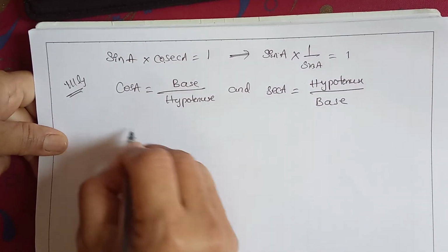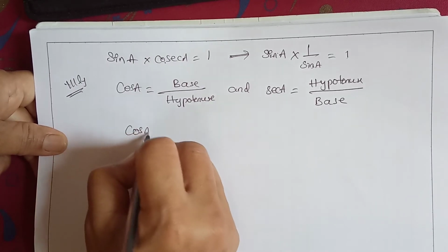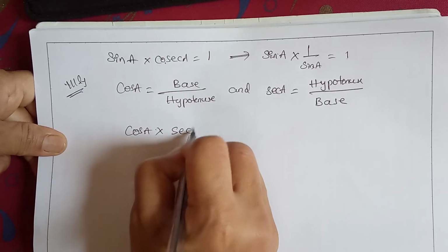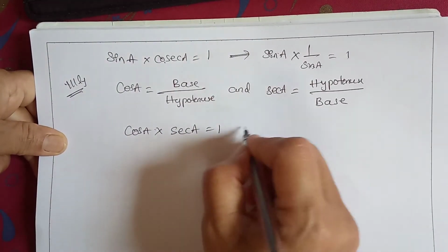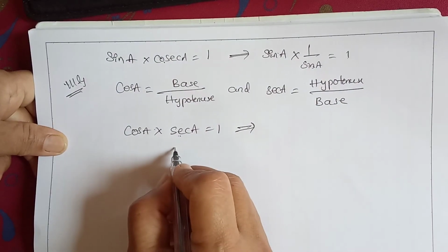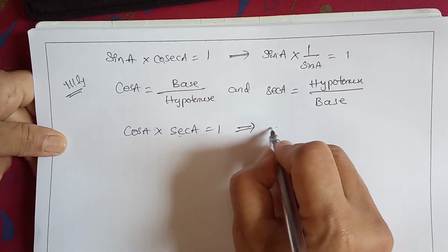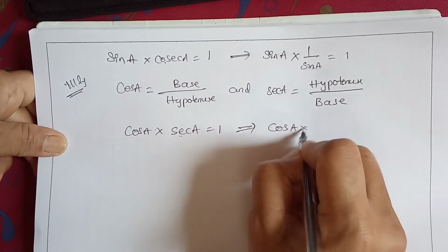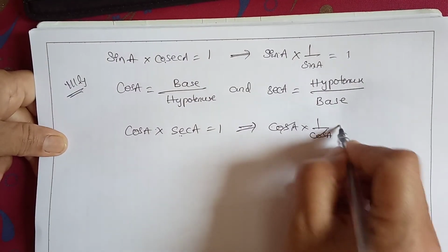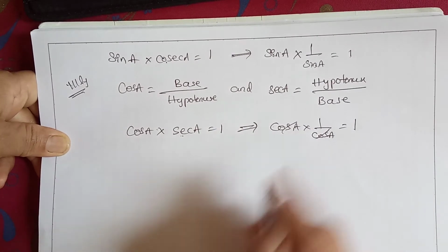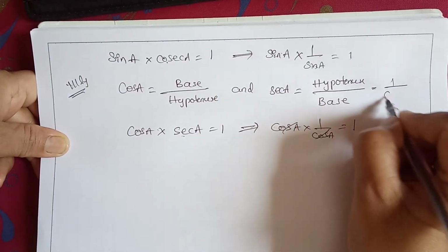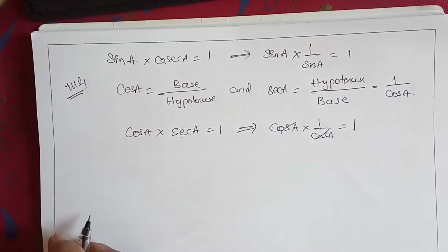What do you understand here? Cos A into sec A is equal to 1, because sec is 1 by cos. So cos A into 1 by cos gives us answer 1.